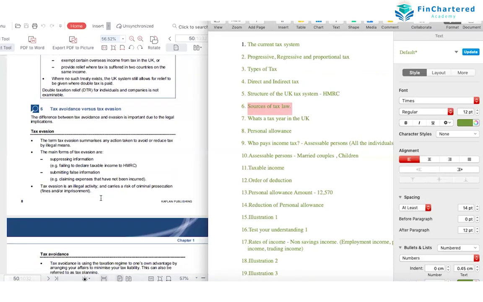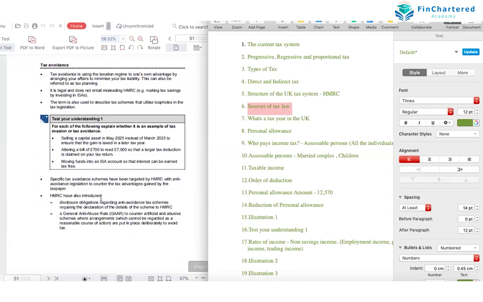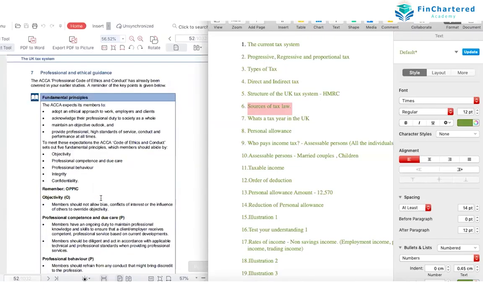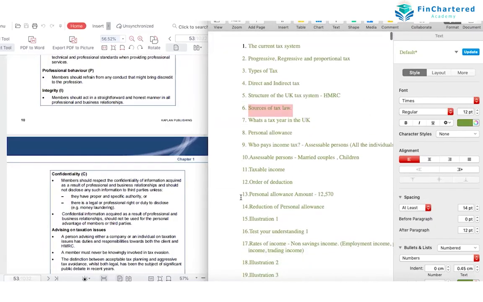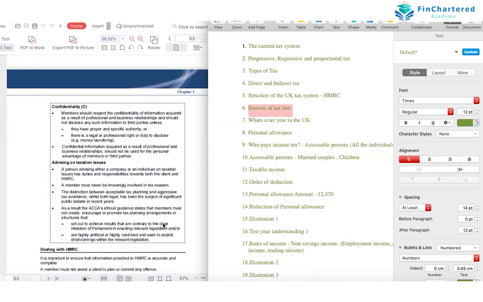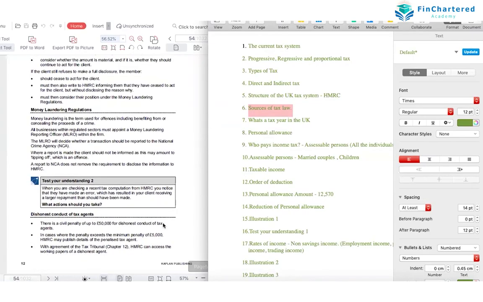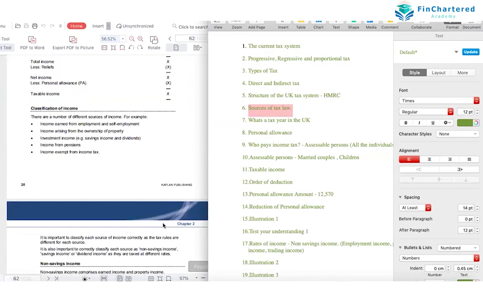That's also done. Then we saw professional ethics, the code of ethics, and dealing with the HMRC. We've seen all of this. So, first chapter, there is no problem.